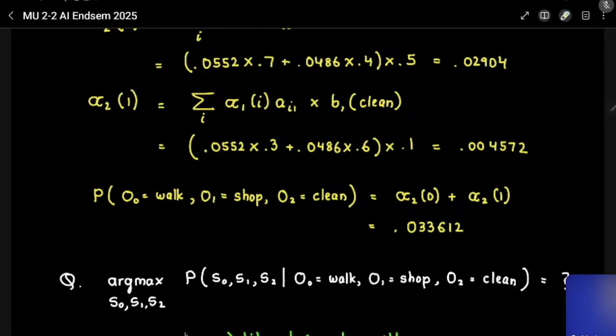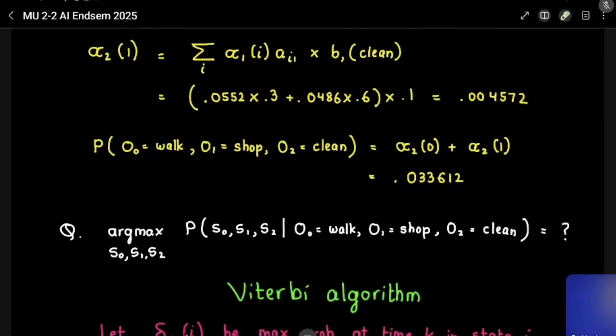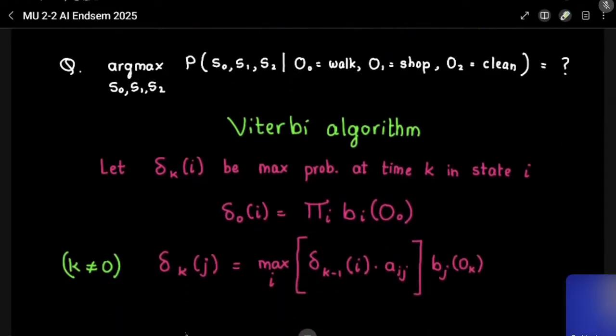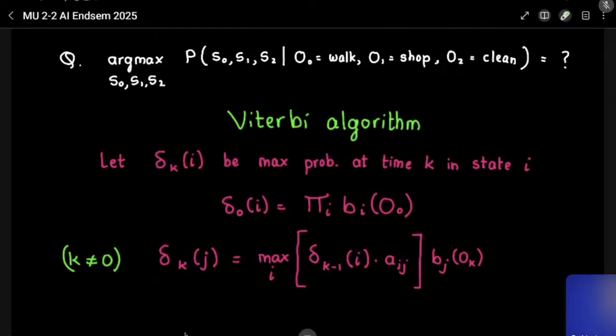We have the Viterbi algorithm to save our day. This is very similar to the forward algorithm. Instead of alpha, now you have delta, and instead of a summation, all you're supposed to do is find the maximum. Everything else is the same, but here there's no summation, there's max.